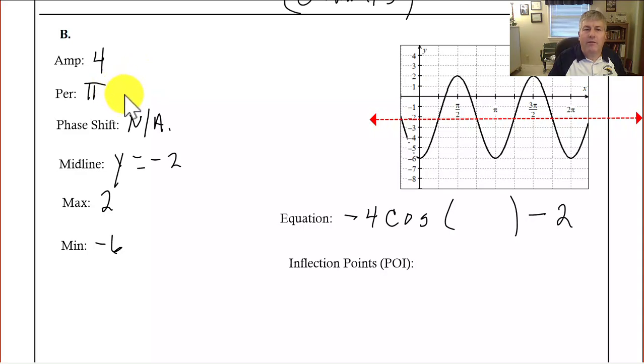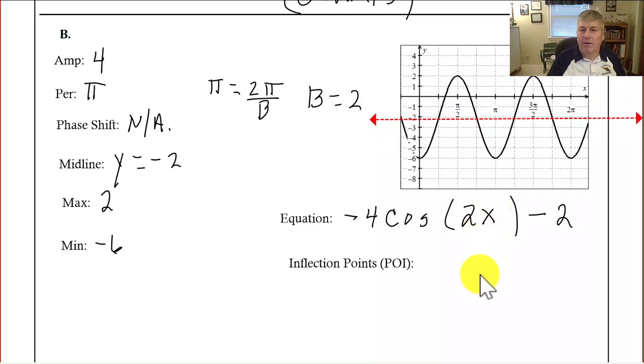And so now we can figure out what our b value is going to be in our function. Setting our period pi equal to 2 pi over b, in order for that to work, our b value must be 2. 2 pi over 2 is going to give us a period of pi. So this is for cosine of 2x.